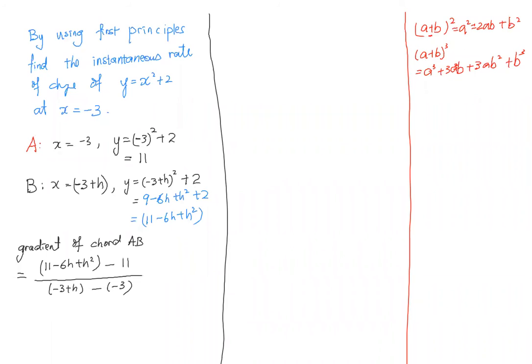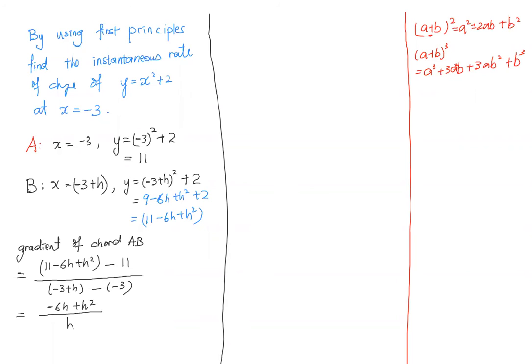Have you simplified? Okay. So I'm going to call someone to give me the simplified version. Yi Xuan. H minus 6. H minus 6. That means Yi Xuan, you do this first. Am I right?